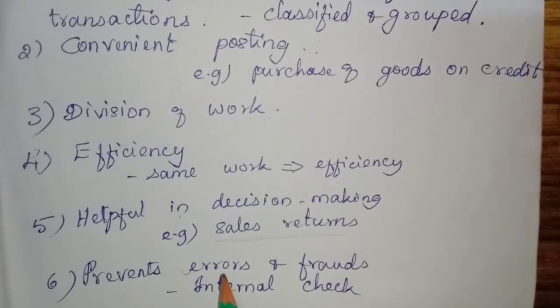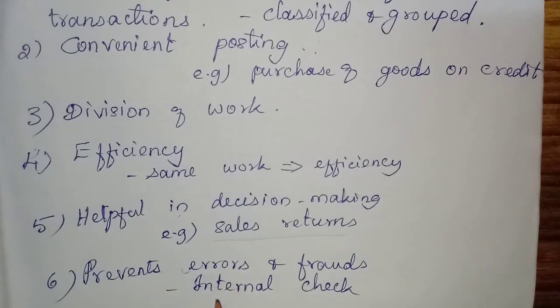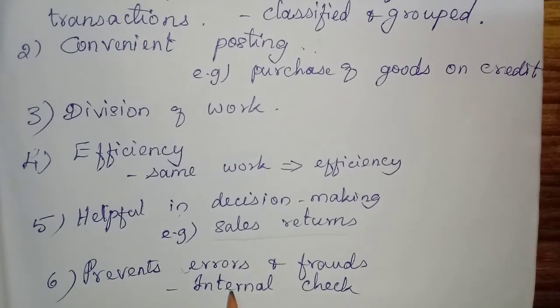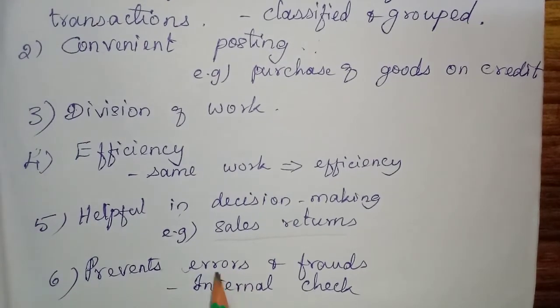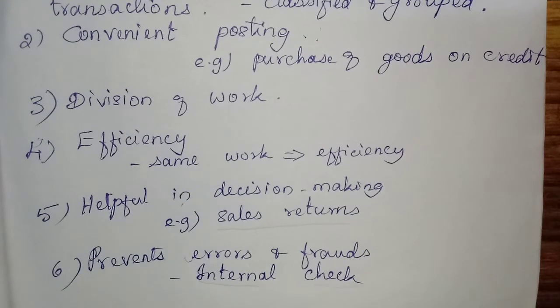Then next one, prevents errors and frauds. How do they prevent errors and frauds? Because of that specialization, division of work. Each person is doing one work, and this work will be automatically checked by another clerk. That is called internal check.